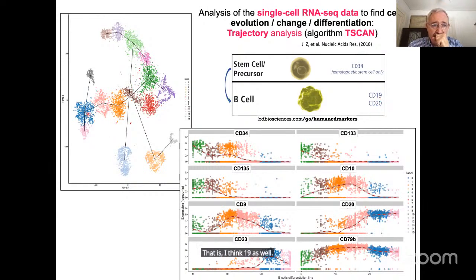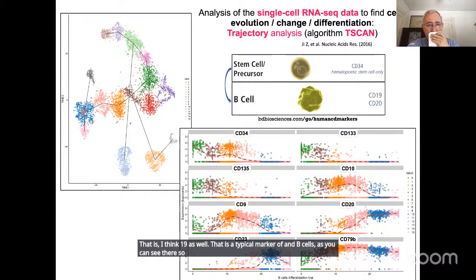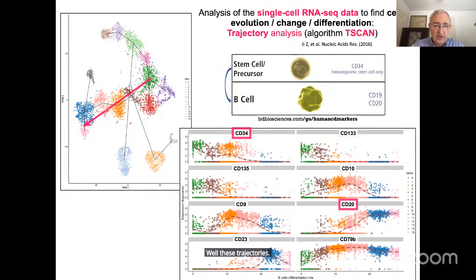That is a typical marker of B cells, as you can see there. So, in fact, these trajectories make a lot of sense when you are able to apply an algorithm that runs these trajectories well. You can see there.